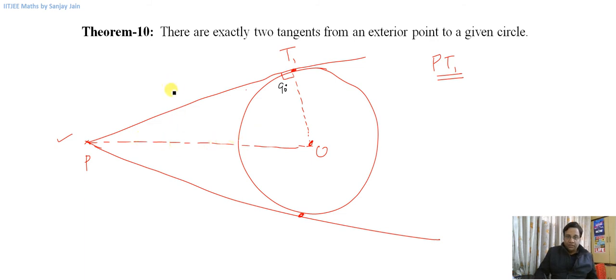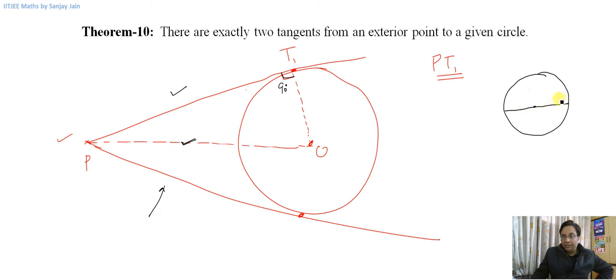Now you just think about this tangent. We do not think about the other tangent for a moment. When you draw PT1, OT1 and PT1 will have a right angle between them, which we have already proved in this lecture itself. You should know that if you draw a circle with any diameter, the angle in a semicircle is a right angle.